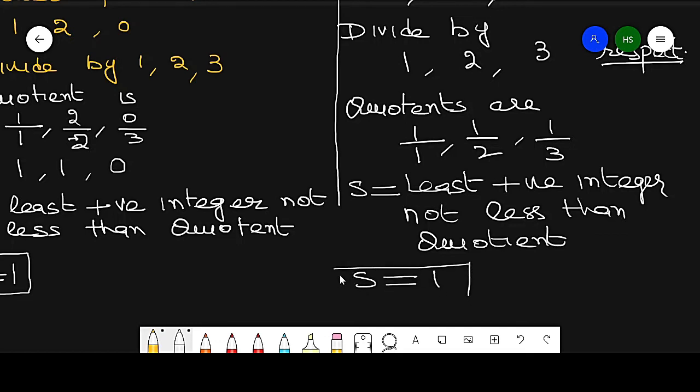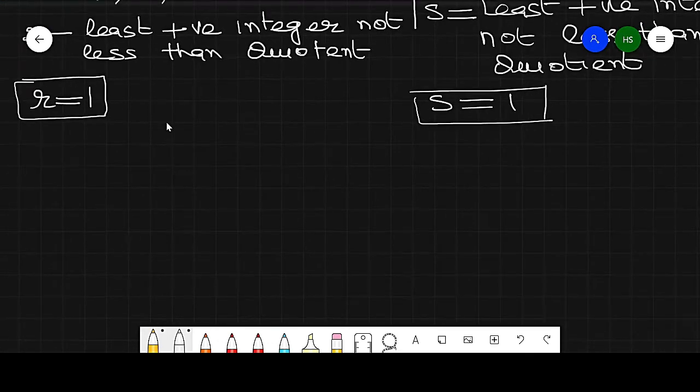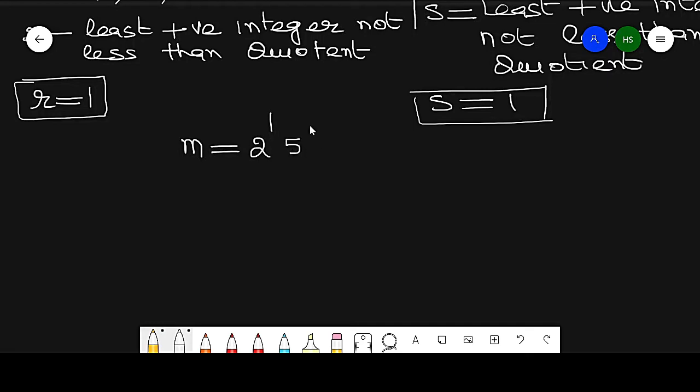So we get the multiplier. r is 1 and s is 1, so the multiplier is 2 raised to power 1 into 5 raised to power 1. So the multiplier is 10. Now we will find the equation whose roots are multiples of 10.